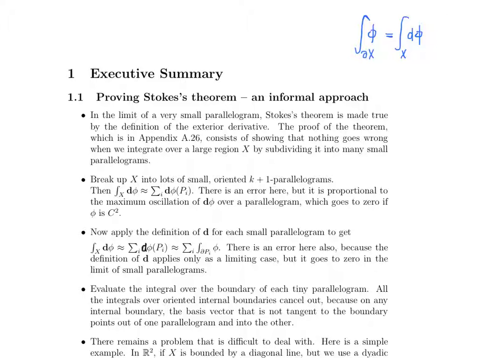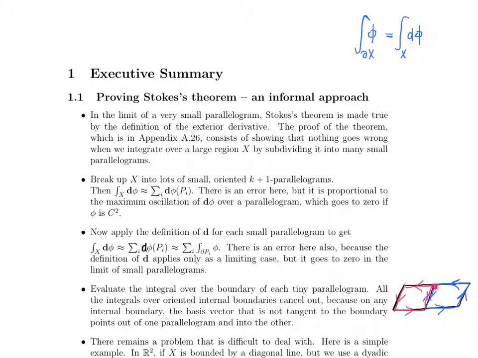And you can think of it, imagine you have two neighboring parallelograms that make up this region X, just two of the many, many that you're using. And they lie next to each other like this. Now, if we talk about normal counterclockwise orientation of their boundaries, the one on the left is going to be oriented as follows, and the one on the right is going to be oriented like this.